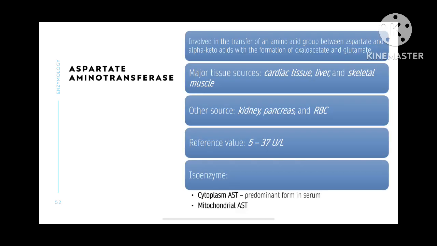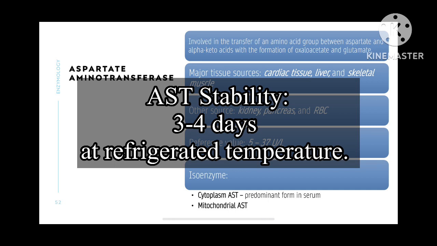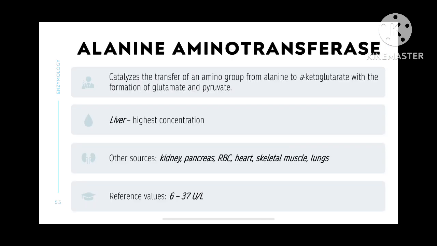Hemolysis also should be avoided because it can dramatically increase serum AST concentration. AST activity is stable in serum for 3 to 4 days at refrigerated temperatures. The reference range would be 5 to 35 U per liter at 37 degrees Celsius or 0.1 to 0.6 microkatal per liter. Next would be alanine aminotransferase.